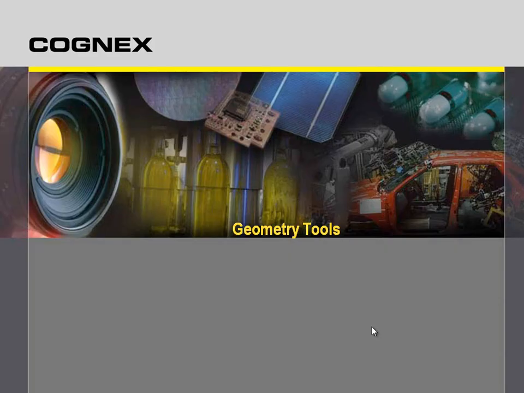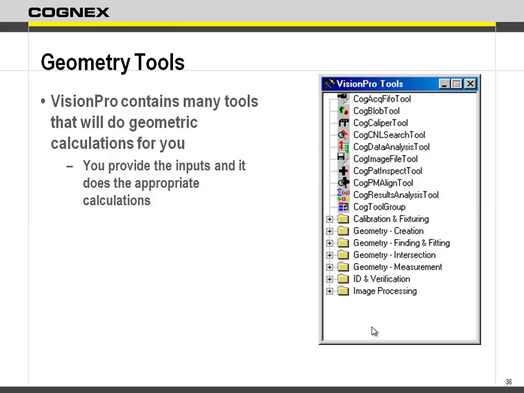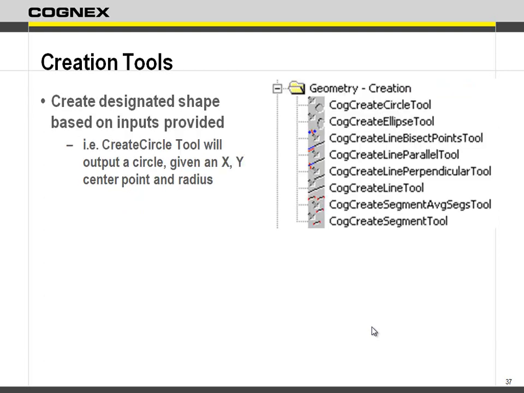So let's just keep going with our class. With the geometry tools, we break them into a couple of different categories: creation, finding and fitting, intersection, and measurement. If I want to create something, maybe a circle or an ellipse, then I can go into geometry creation, which allows me to create a shape there.